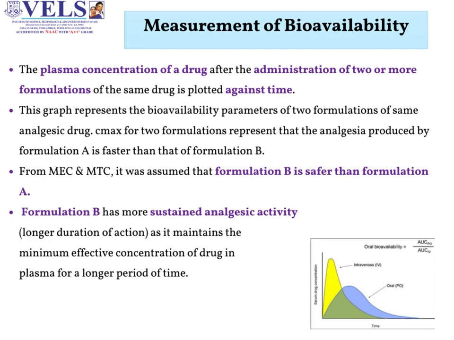Here the Cmax shows that the analgesia produced by formulation A is faster than that of formulation B. Looking at the minimum effective concentration and minimum toxic concentration in this graph, it can be assumed that formulation B is safer than formulation A. That means formulation B shows a prolonged effect as it maintains the minimum effective concentration of the drug in the plasma for a longer period of time.